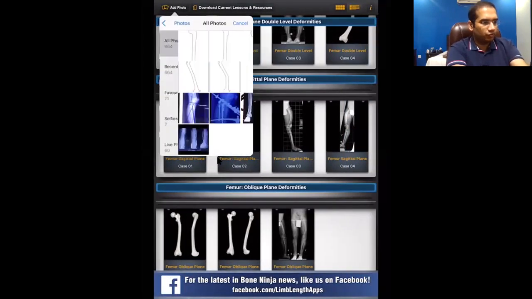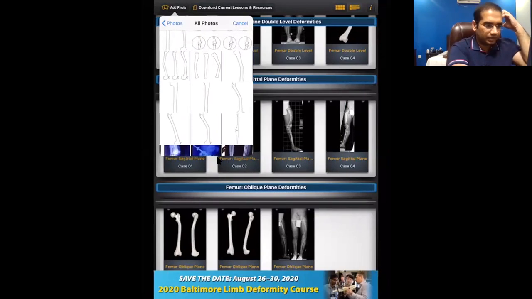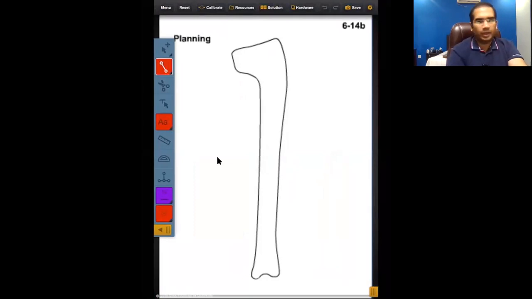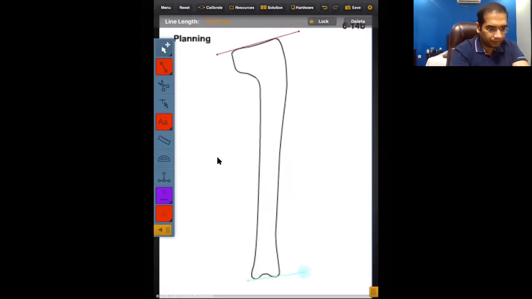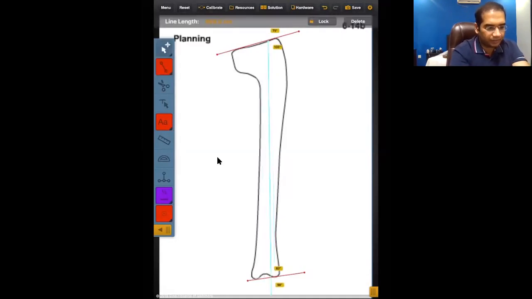Now I'm going to move to our next section. Let's first discuss tibia. Okay, now here you have got a tibia. First we will quickly draw the joint orientation lines. Then I will draw a mid-diaphyseal line.